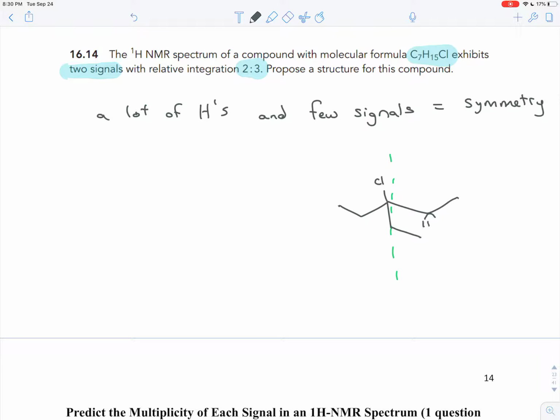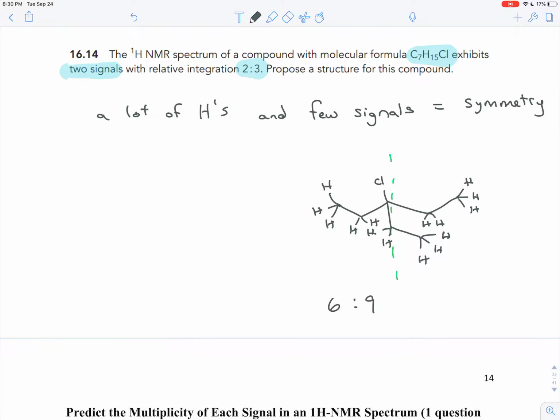Here there's 2 hydrogens plus another 2 plus another 2. That's 6 hydrogens in that first electronic environment. On the end you'd have 3 plus another 3 plus another 3. That's 9 hydrogens in our second electronic environment.